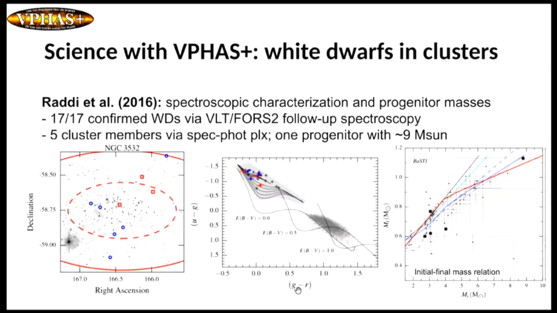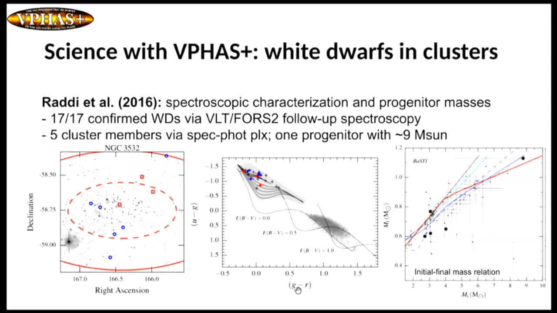Even with Gaia, parallaxes of these faint objects in the galactic plane are very difficult to use to constrain their membership to the open clusters. But essentially, the selection worked, again using the U color, identifying the known ones, which are these blue symbols, and the candidate ones, which are the red ones, and then determining their physical properties, membership to the clusters, whether the distances match the distance of known clusters, and then the possible mass of their progenitors.